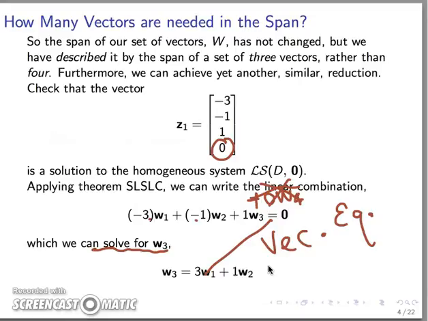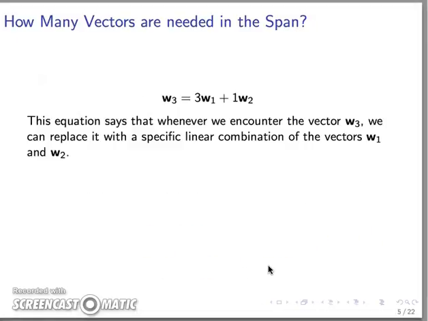But then we express W3 in terms of W1, W2, very similar to what we do with dependent variables, expressing dependent variables in terms of free variables. Okay, and so this leads again to reducing the original set even further.